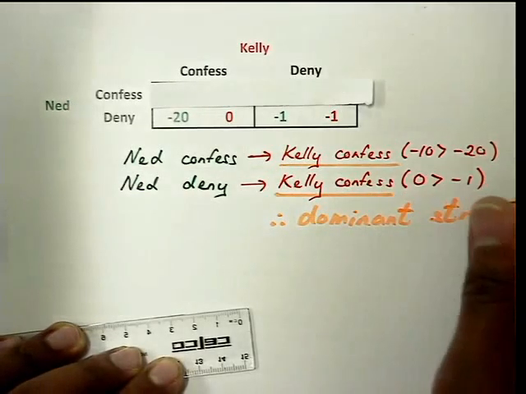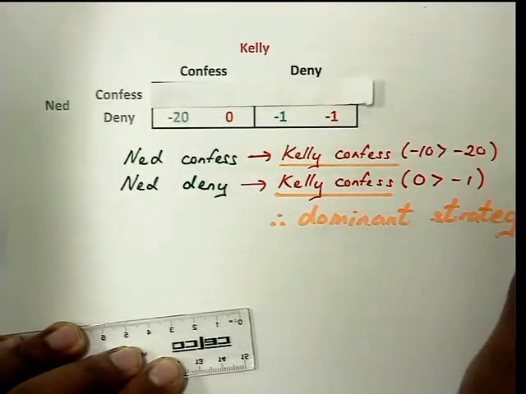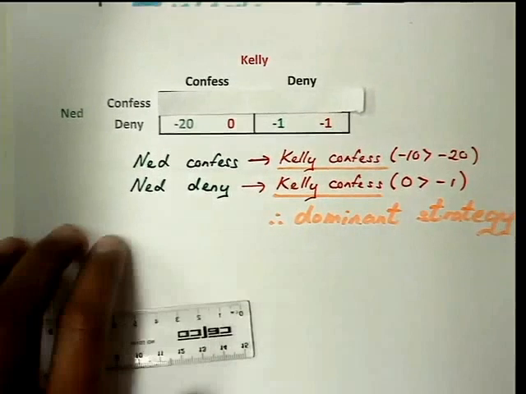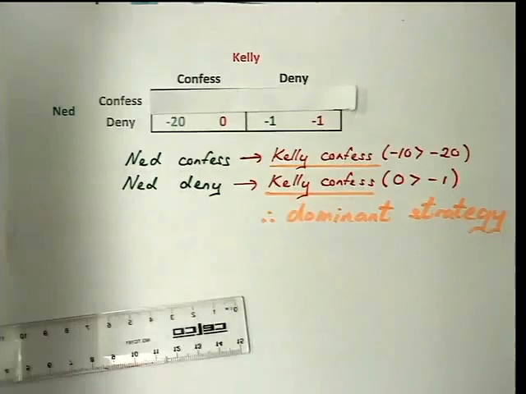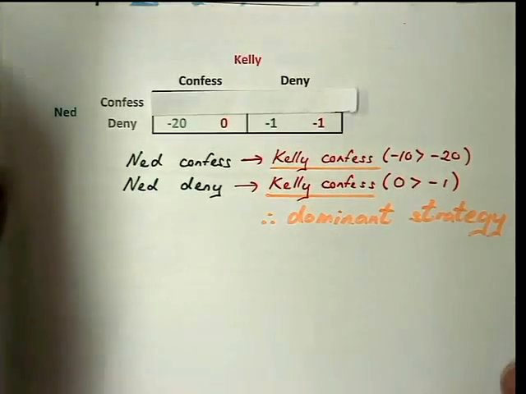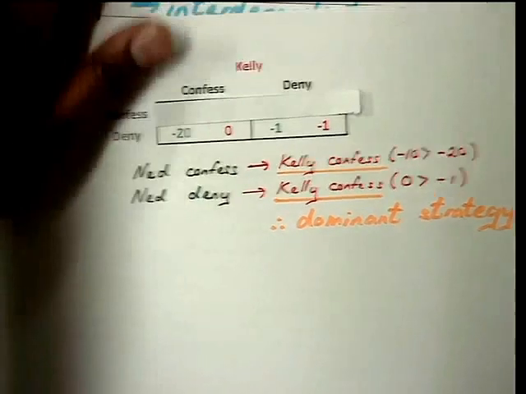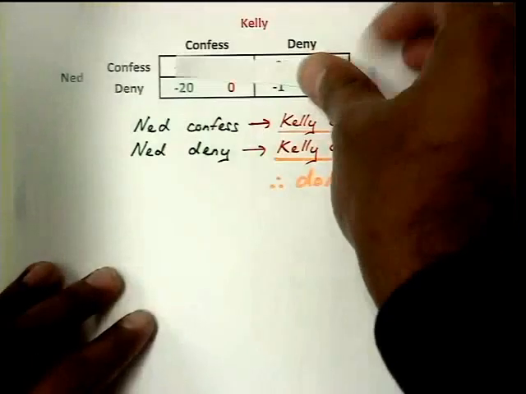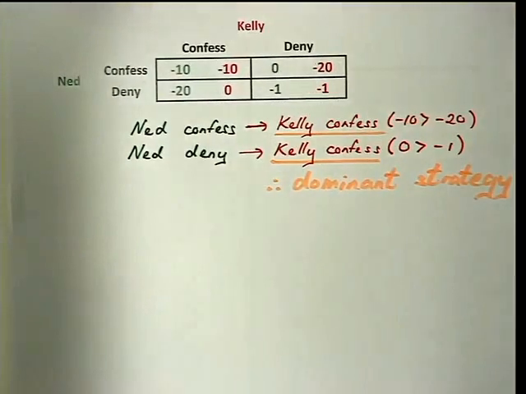A dominant strategy is a strategy that you choose regardless of what the other player chooses. So Kelly will choose to confess regardless of what Ned chooses. Is that okay? Okay. We've looked at it from Kelly's point of view.